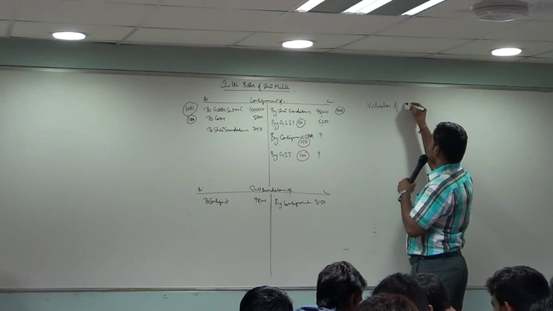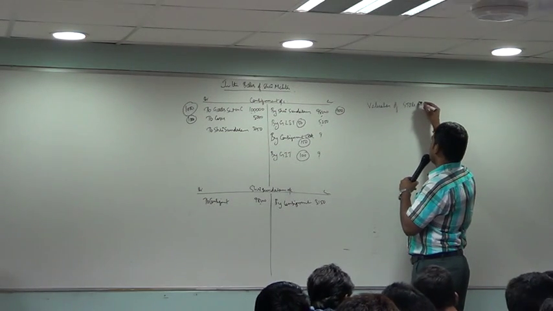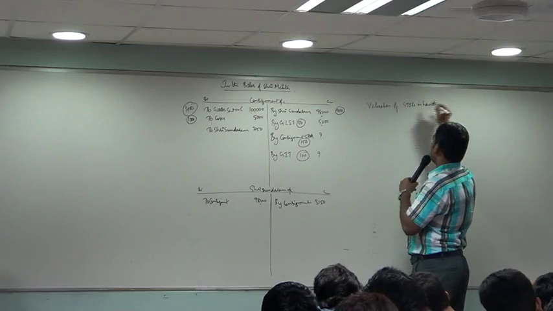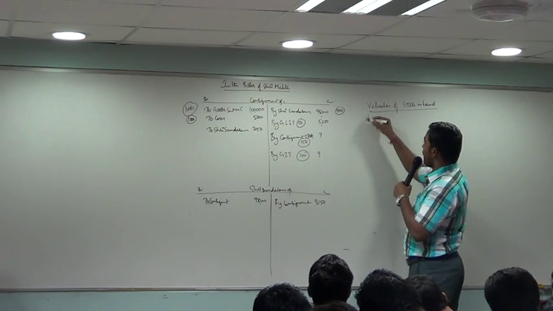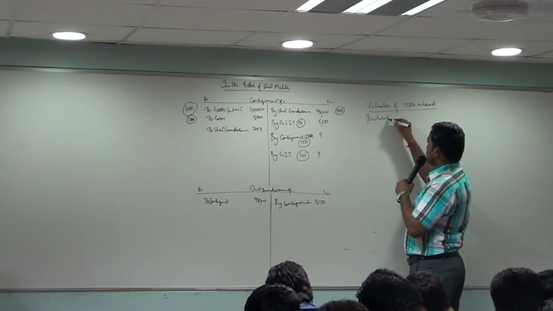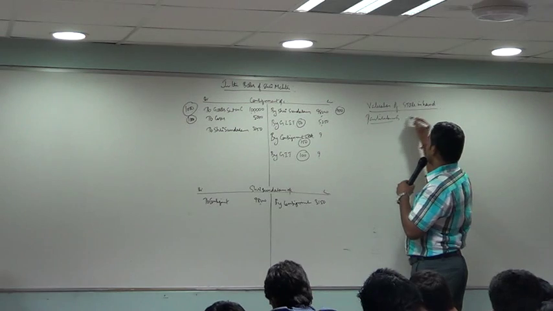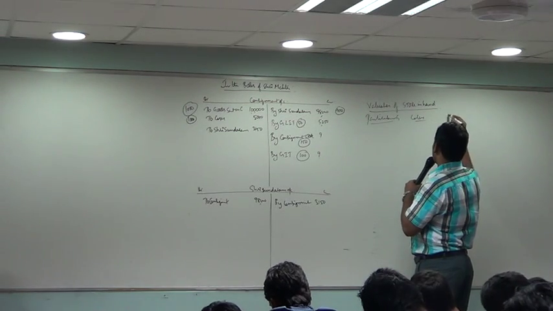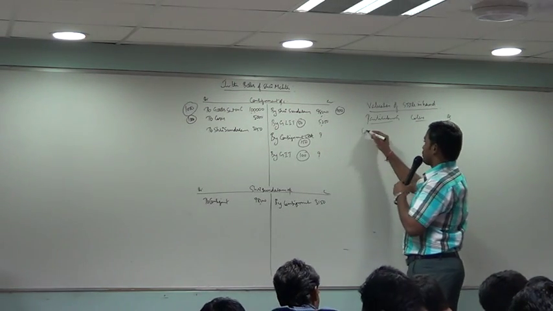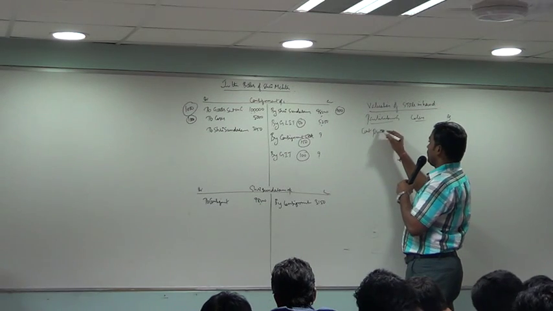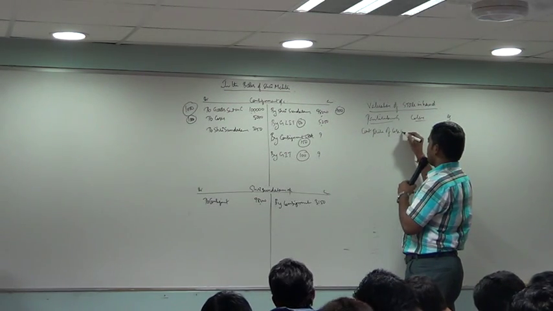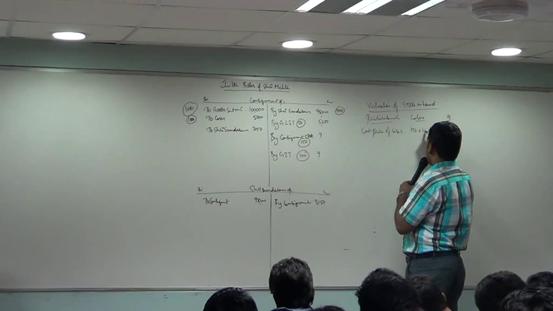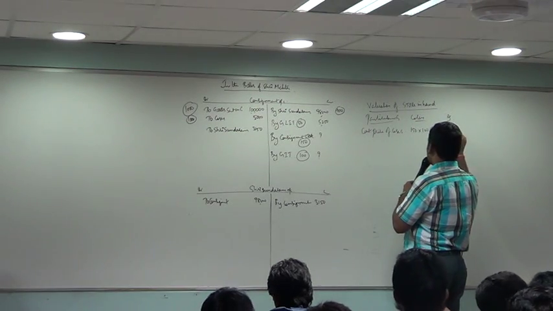Valuation of stock in hand. Particulars, calculation, rupees. Cost price of cases, 150 into 100, 15,000.